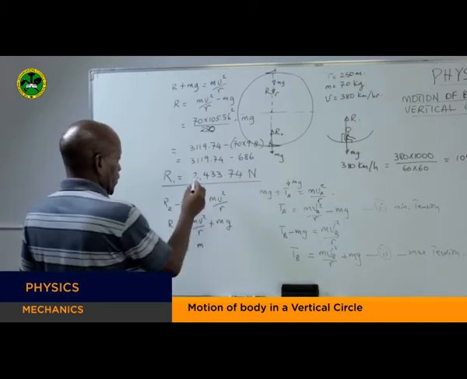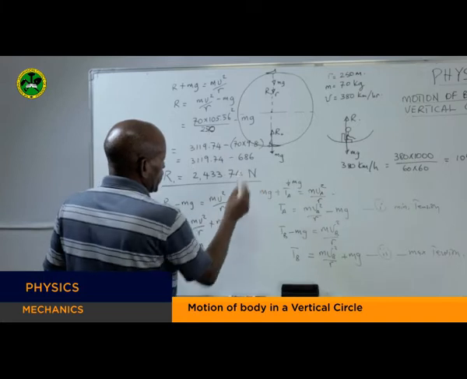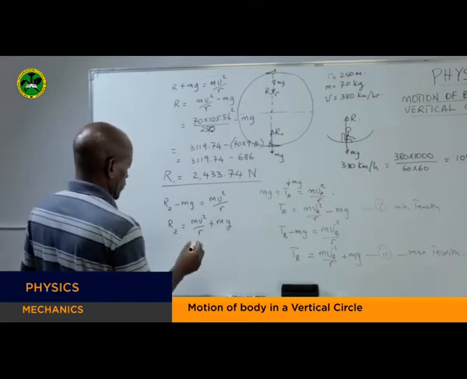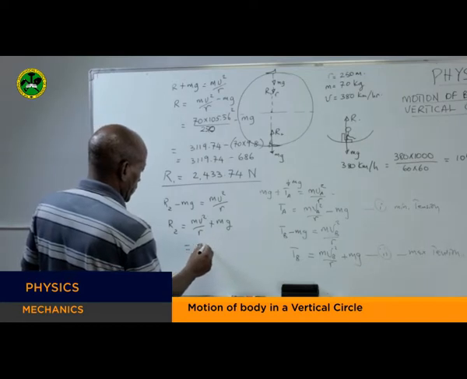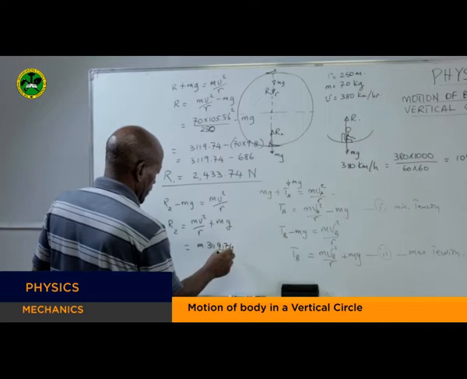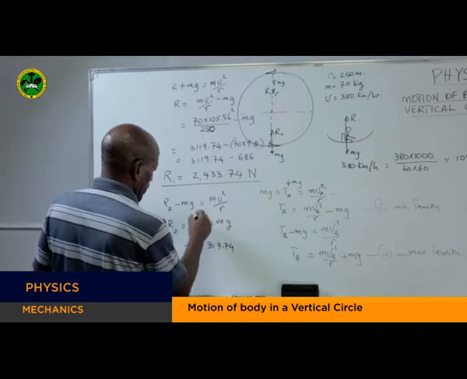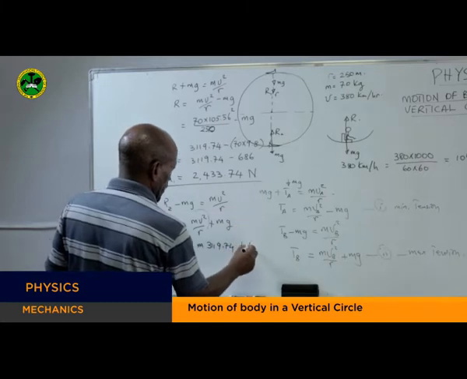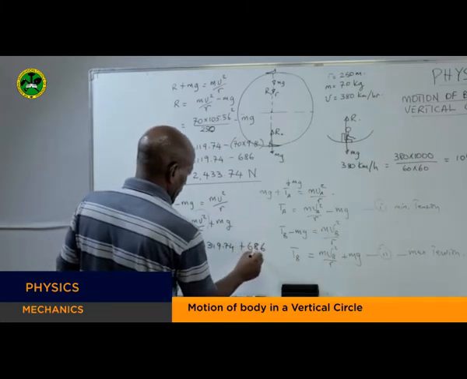So we have 3119.74 for this value, plus mg, which is 686.